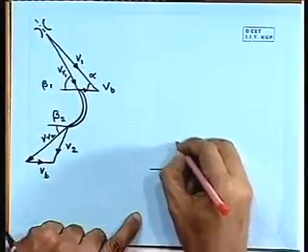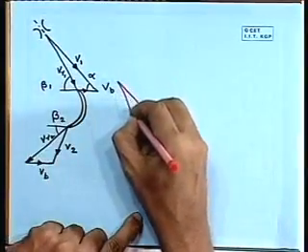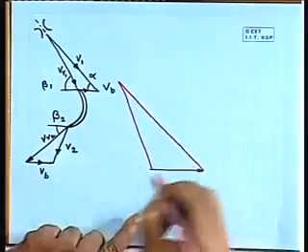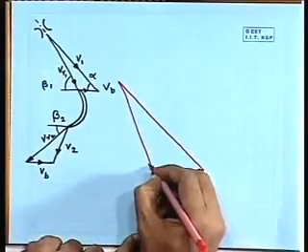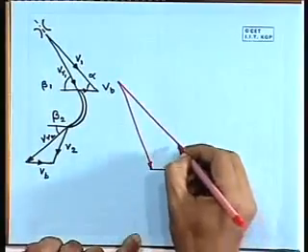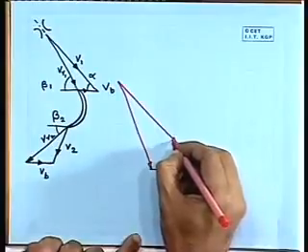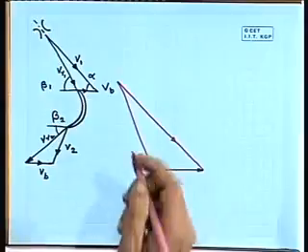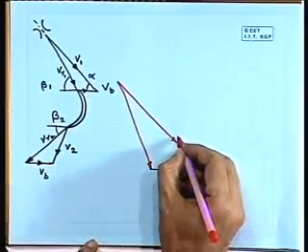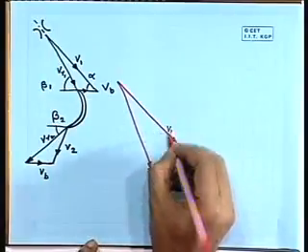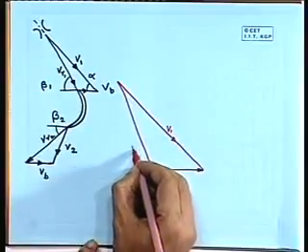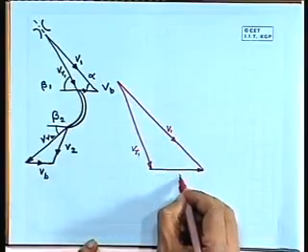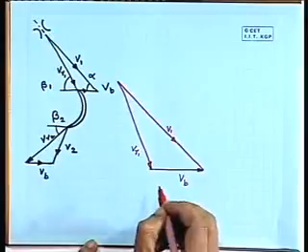We will have the inlet velocity triangle like this. This is our V1, this is our VR1 and this is Vb.